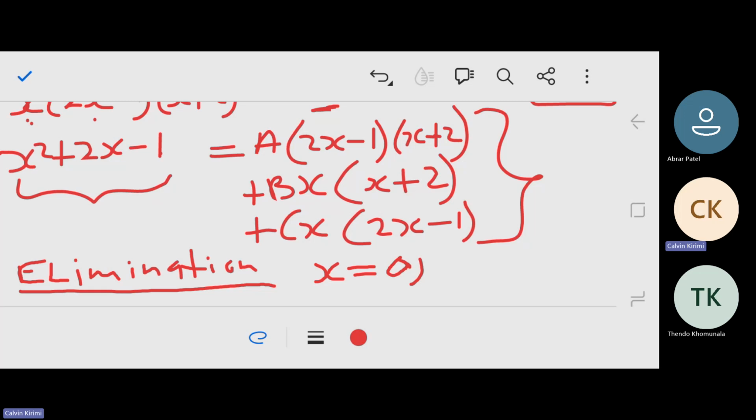If x equals negative 2, B vanishes, and this will become 0, so everything vanishes. Then we can solve for C.